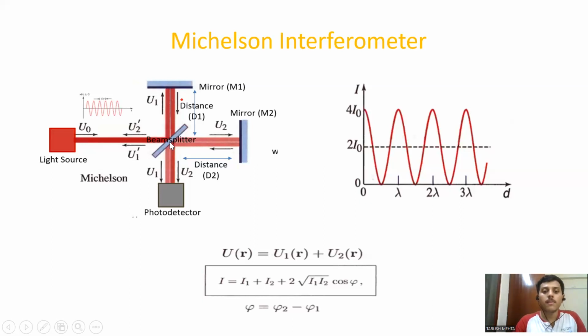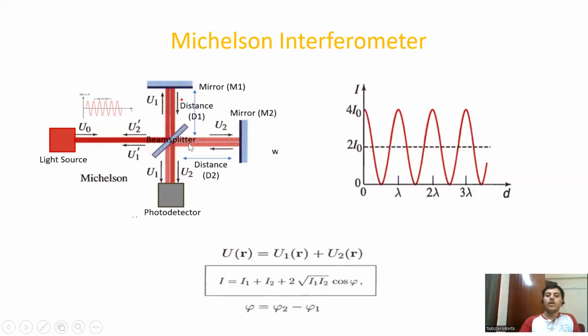Both of these light waves are combined at the beam splitter and they move towards the photodetector. At the photodetector, we get the intensity U_R as U1R plus U2R.